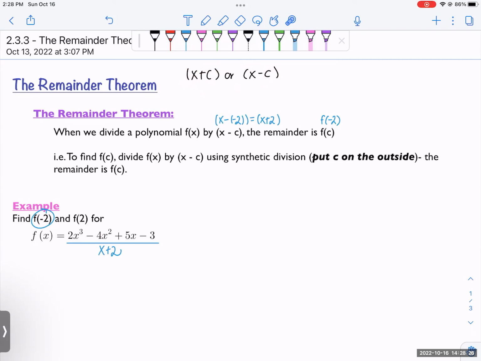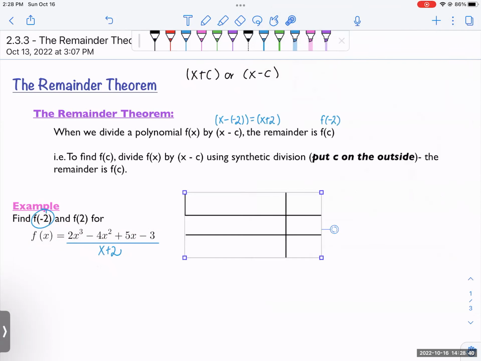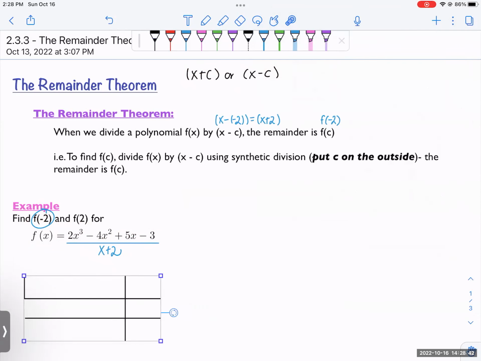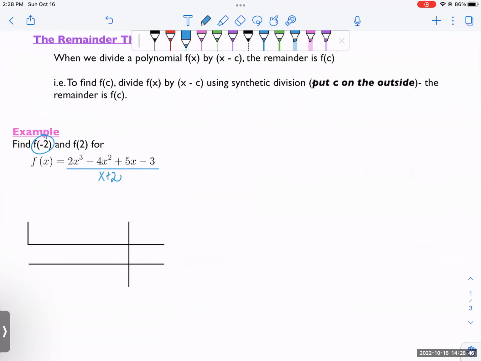So to do this, we're going to find f of -2, we're going to do synthetic division on this polynomial. We're going to start with f of -2.